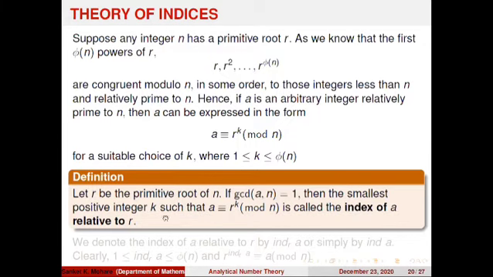Then the smallest positive integer k, highlight this word, smallest positive integer k, such that A is congruent to R to the power k modulo n is called the index of A relative to R. This smallest positive integer k is the index of A relative to R if and only if A is congruent to R to the power k modulo n and GCD of A comma n is equal to 1, where R is a primitive root of n.